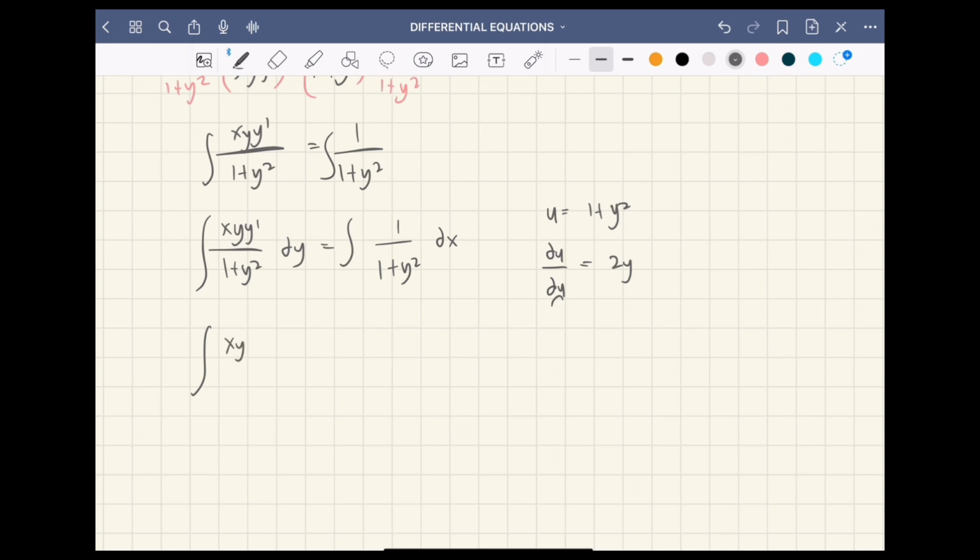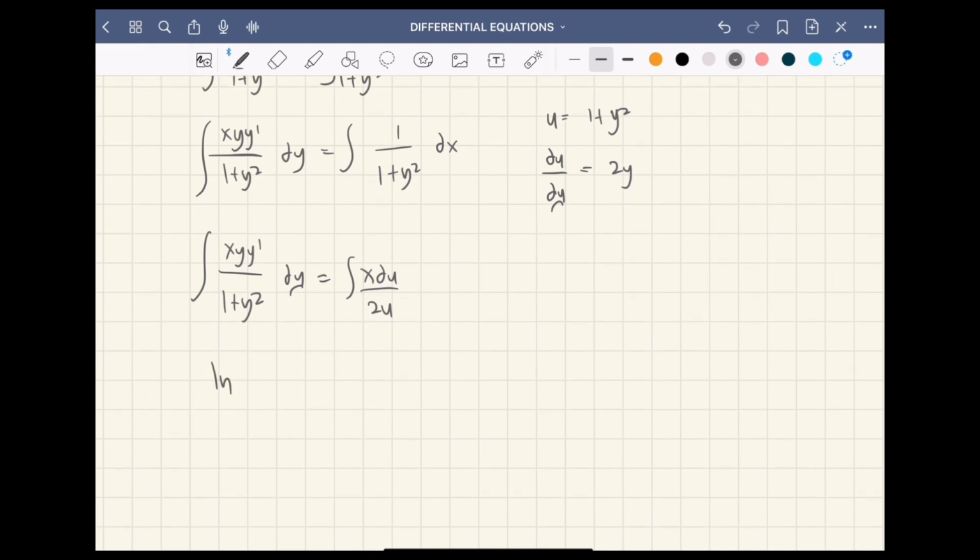The integral of xy y prime over 1 plus y squared dy equals the integral of x du over 2u. So integrating both sides gives us ln of 1 plus y squared equals 1/2 ln of x plus c.